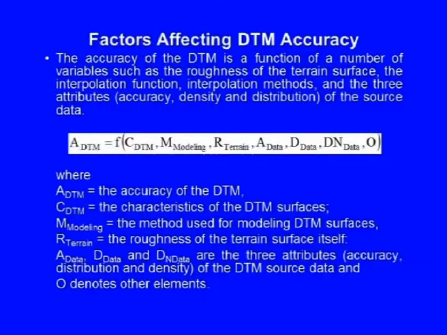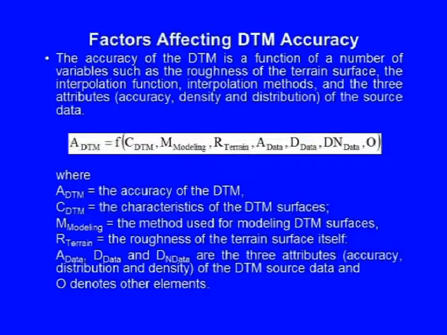Now, let us look at the factors which affect DTM accuracy. The accuracy of the DTM is a function of a number of variables such as the roughness of the terrain surface, the interpolation function, the interpolation methods, and the three attributes accuracy, density and distribution of the source data.